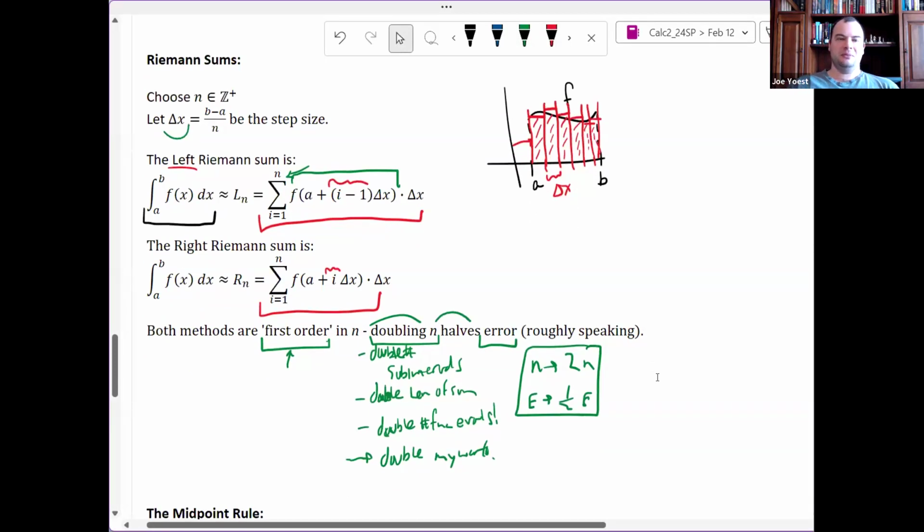If I were to do 10 times the amount of work, if I increased n by a factor of 10, my error would roughly decrease by a factor of 10. That's not too bad. But if I wanted 4 more decimal places of accuracy than I have now, I would need to do 10 to the 4th, or 10,000 times as much work.